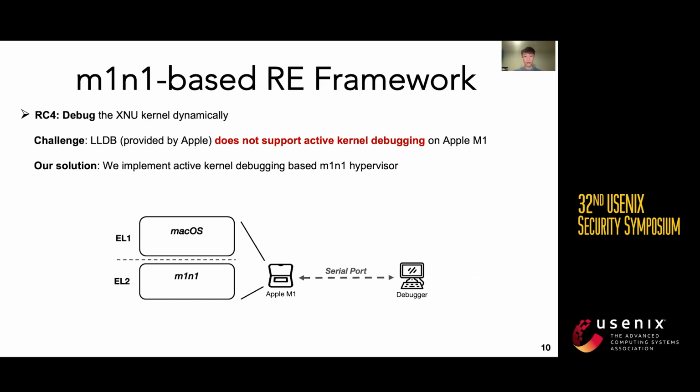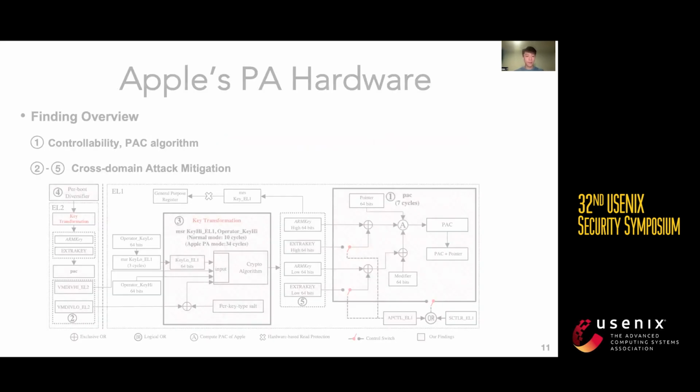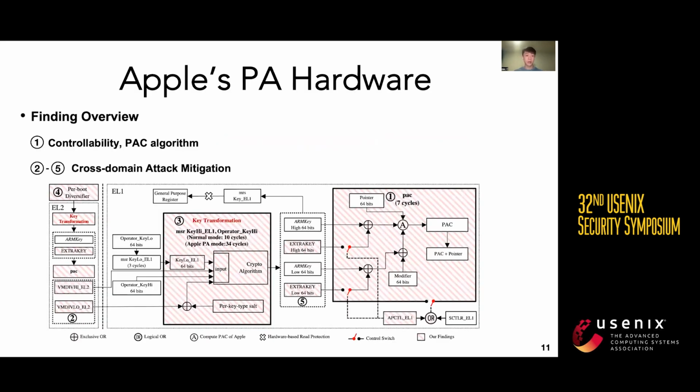Based on this reverse engineering framework, we successfully disclosed Apple's PAC hardware and software implementation and conducted a security analysis of this hardware-based protection. So here are our findings. For Apple's PAC hardware, we disclosed Apple's PAC hardware design.